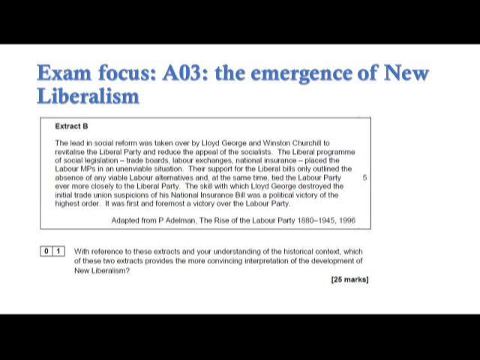I'll just go into the actual PowerPoint so I can see. He says here that the lead in social reform was taken over by Lloyd George and Winston Churchill to revitalise the Liberal Party and reduce the appeal of socialism.